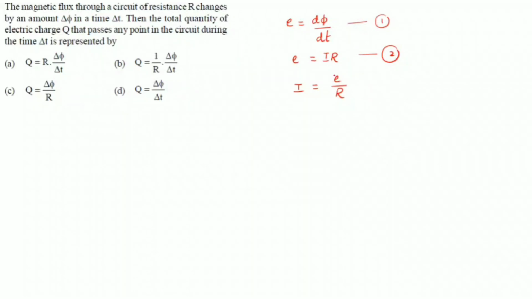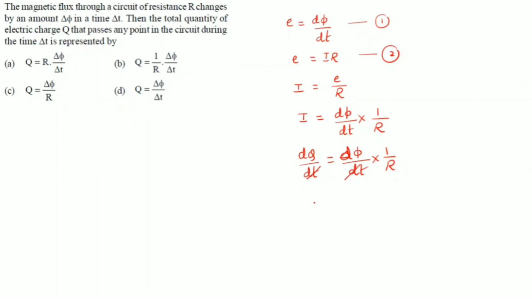In place of E, we can write equation number 1. Therefore, I equals dΦ divided by dt into 1 by R. R keep as it is. So, electric current means it is the rate of change of charge. So, we can write dq divided by dt equals dΦ divided by dt into 1 by R. So, dt will get cancelled.